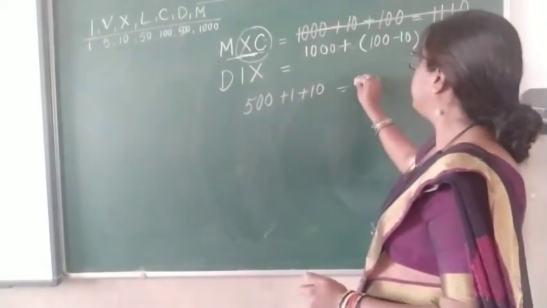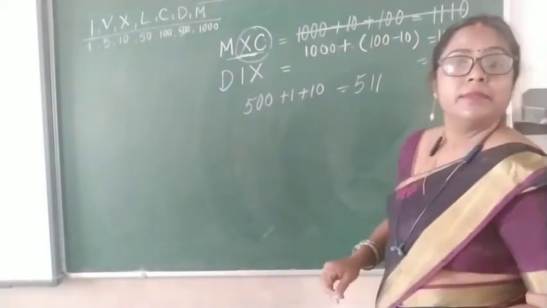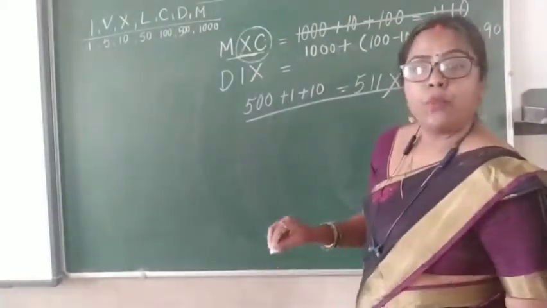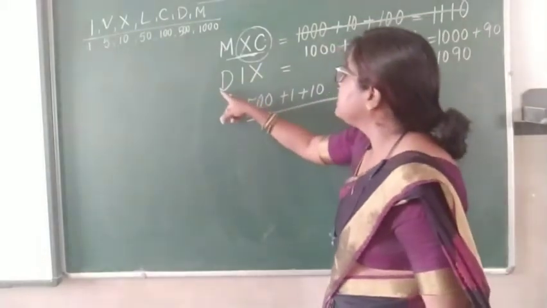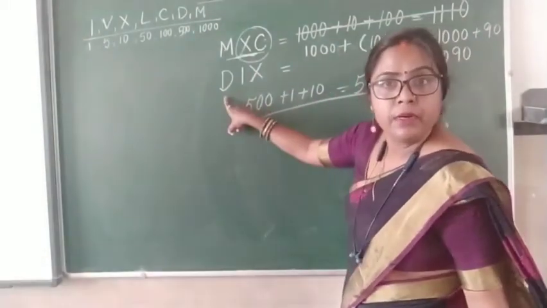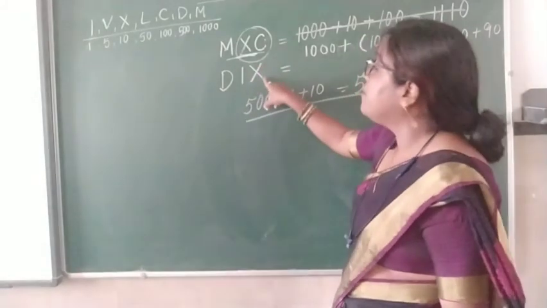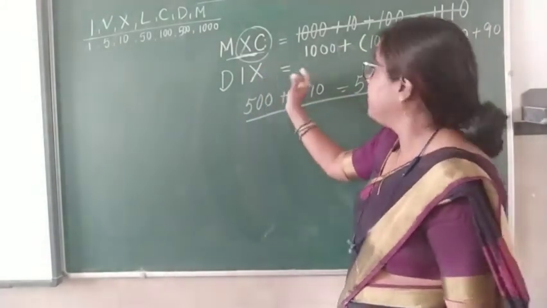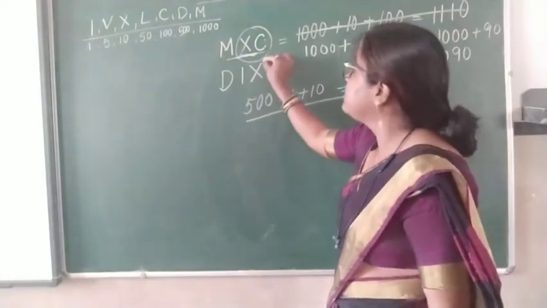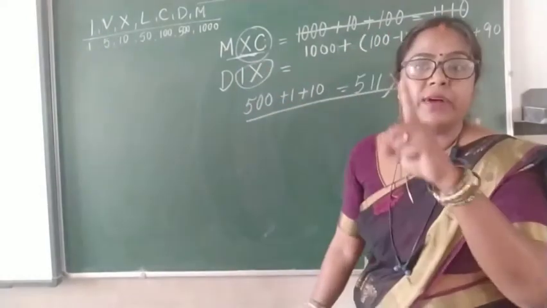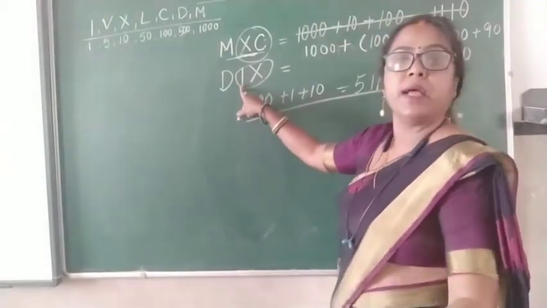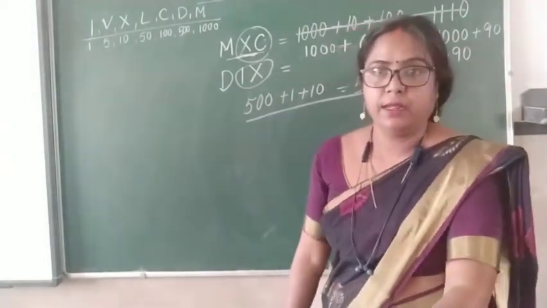Similarly, if I take this number, this is 500, this is 1 and this is 10. So it is 511? Again the same problem. No, this is wrong. Why? Because I is in between two bigger numbers. So whatever number is at the right side, we subtract from it, considering it as one single number. So IX means 10 minus 1, it is 9.